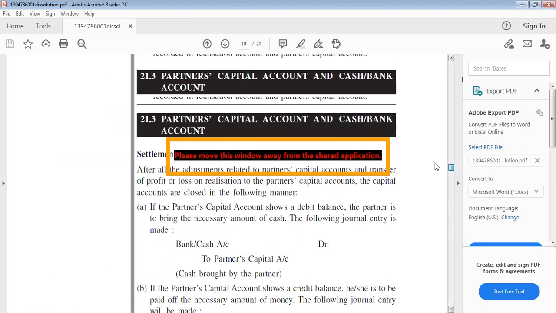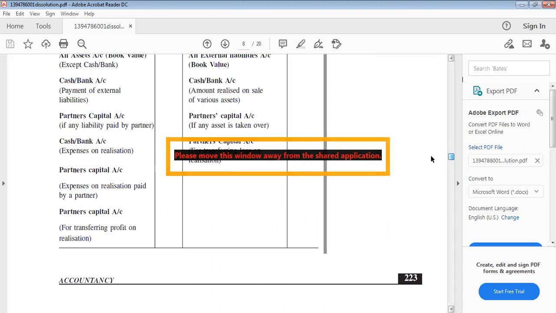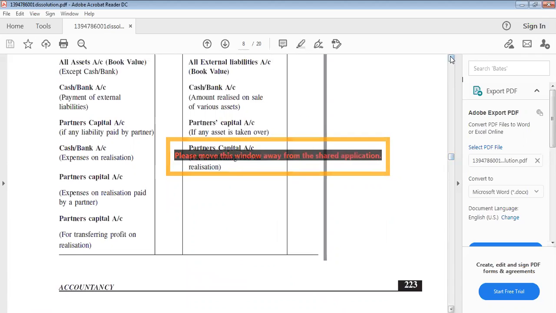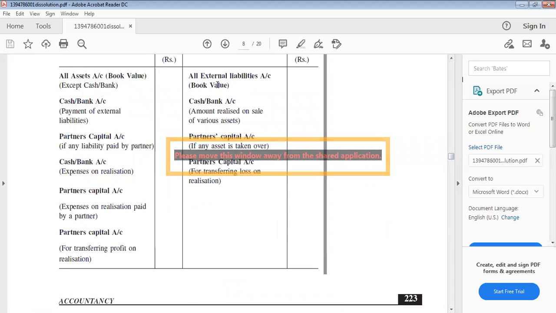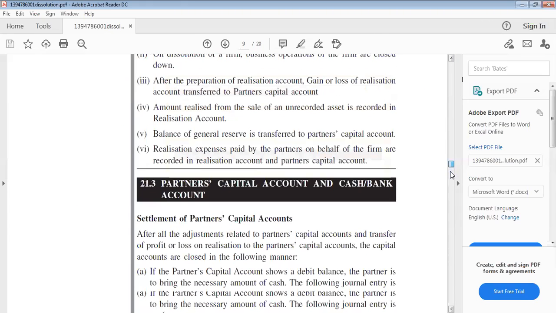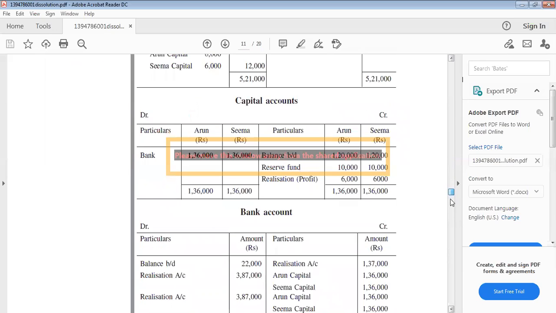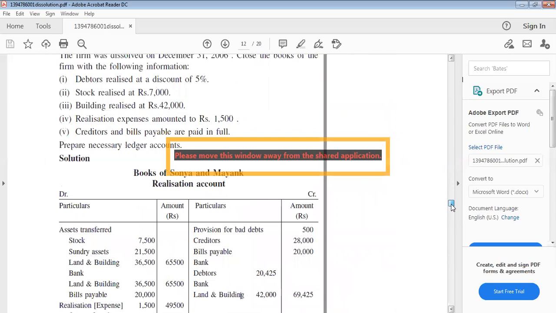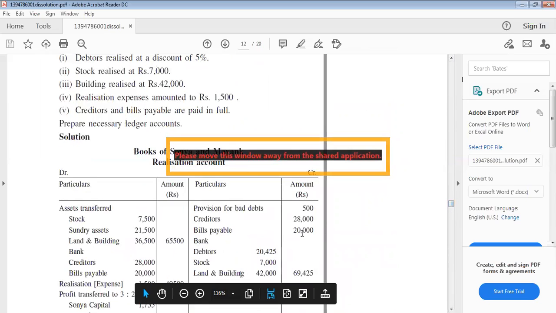Format says all external liabilities account at what value must be entered. And that will be 28,000 plus 20,000. Good.